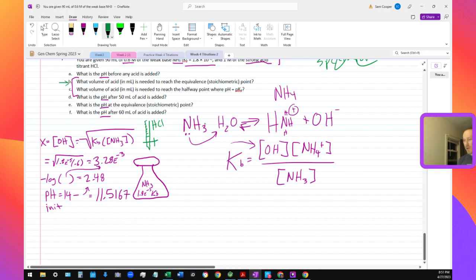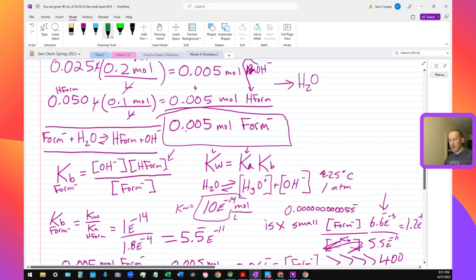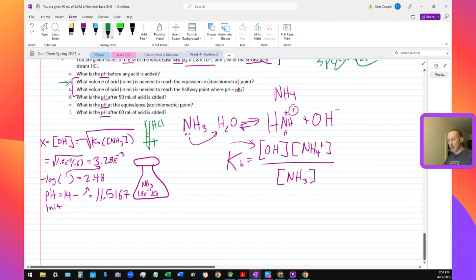So the equivalence point is like we had in our previous problem, this was the equivalence point right here, when we added that amount of hydroxide to consume that exact amount of starting formic acid. So now it's asking exactly how much of this hydrochloric acid. The hydrochloric acid is 1 molar, so that's going to make it pretty easy. Let's figure out how many moles we even have of the starting ammonia.